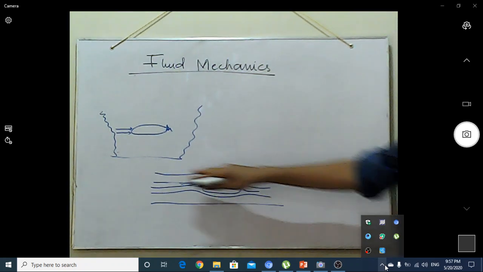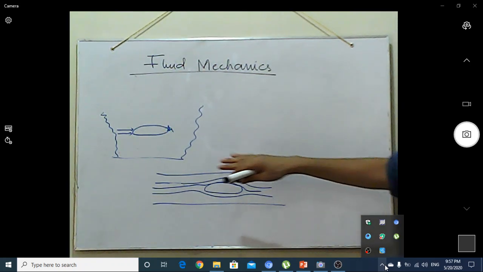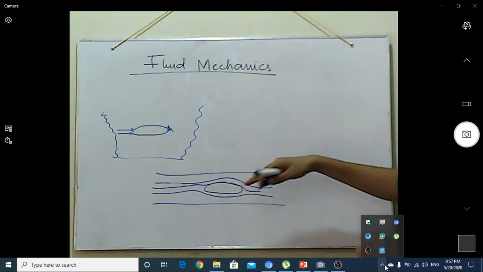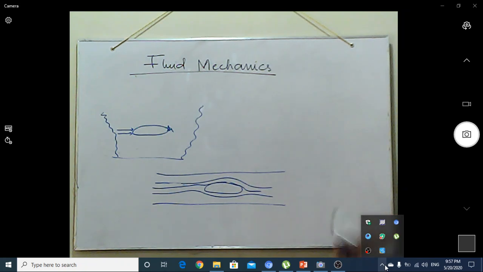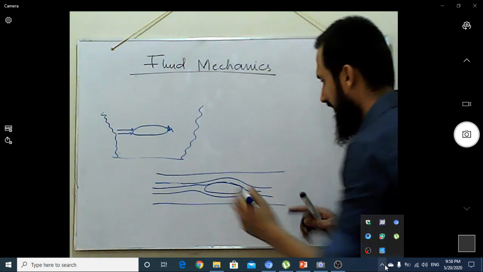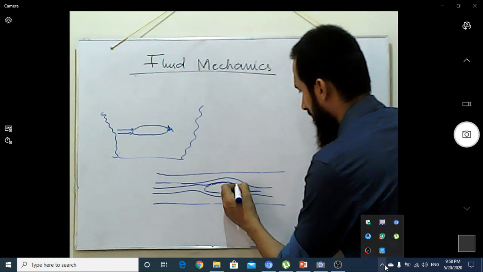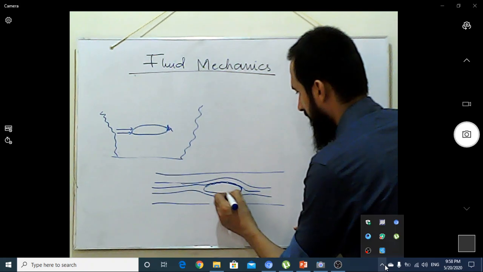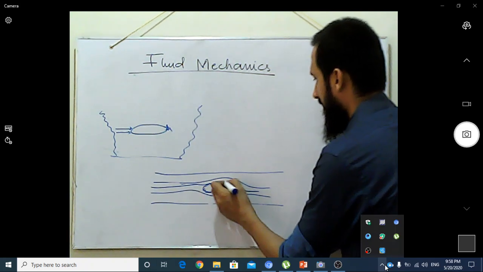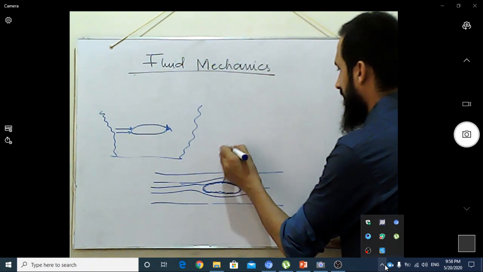The layers do not form any deformation, they do not curve out, they do not show any rotational flow or eddy formation. Again, here all the layers are attached and have the no slip condition.